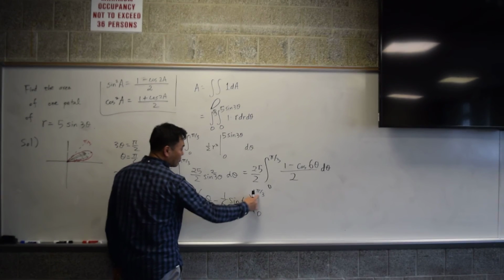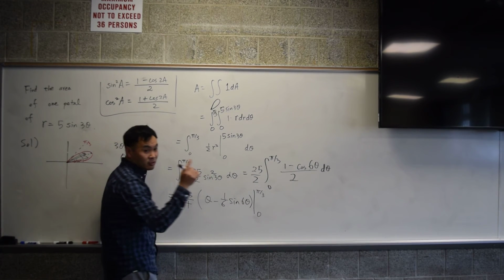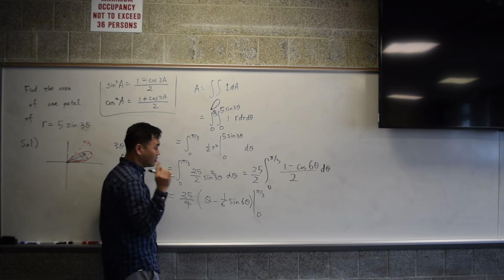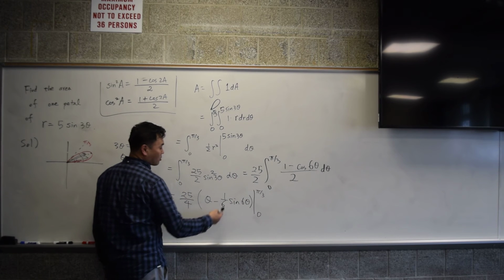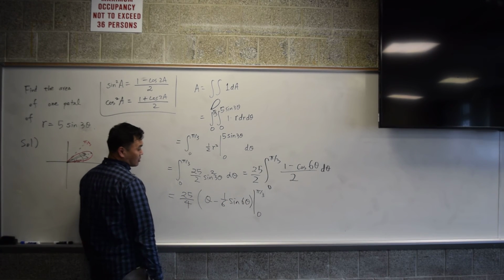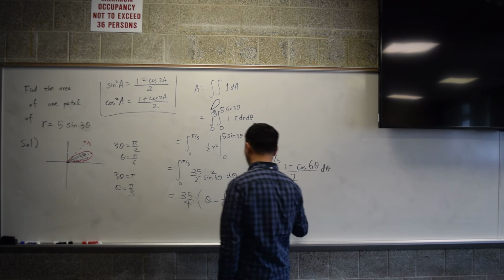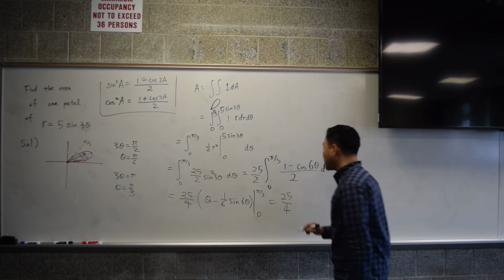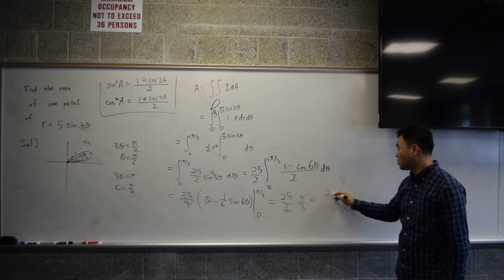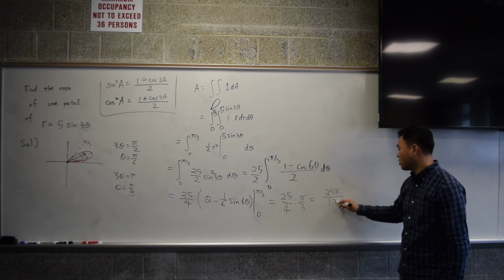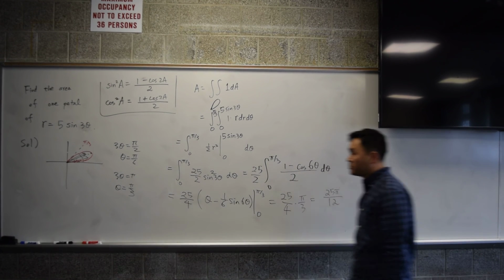Now when you plug in pi over 3, 6 times pi over 3 is 2 pi, and sine 2 pi is 0. If you plug in 0, that's 0. So this doesn't give you anything. The theta does give you something when pi over 3 is plugged in. So you get 25 over 4 times pi over 3. So the final answer is 25 pi over 12. That's the area of one petal.